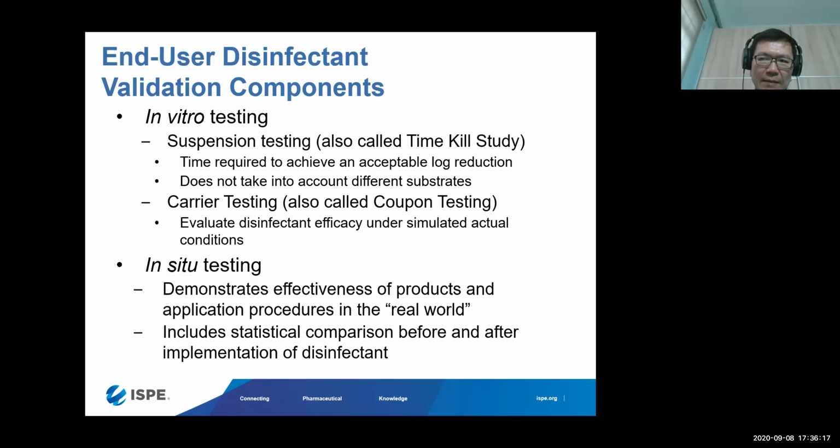Make sure that there's a decrease in the bioburden level after the application. I will talk a little bit more on this in-situ testing later on in the presentation. So these two are the main components of the efficacy studies.